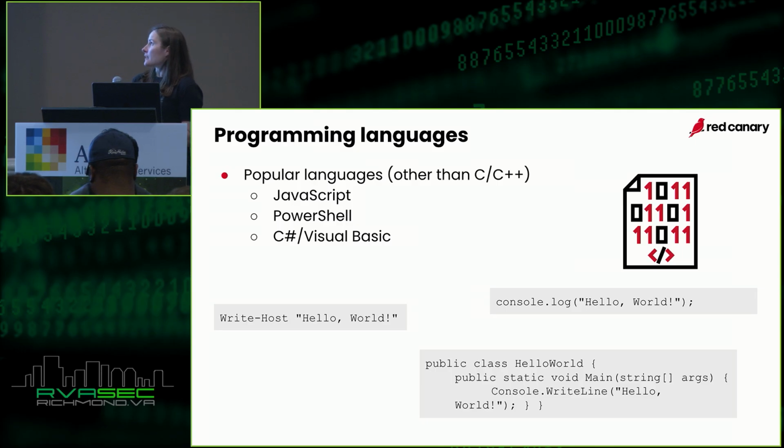So programming languages. Like I mentioned, a lot of the threats use scripting languages, especially your initial downloaders or droppers. So pick up just one to start with, and you don't have to become a professional programmer in this language.